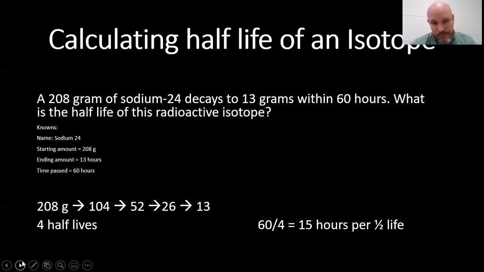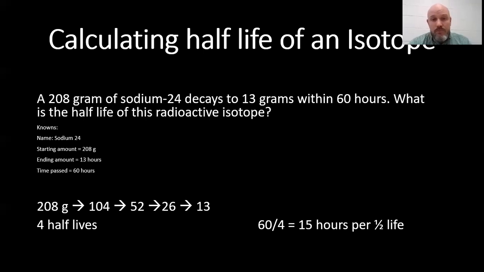So now let's look at this. We know that we started with 208 and then we ended with 13 grams. So all you have to do is start with your starting amount and you're going to half that until you get to 13. So we have 208 grams to 104 to 52 to 26 to 13. And that took 4 arrows, which means 4 half-lives.